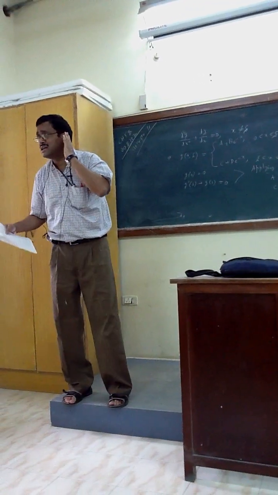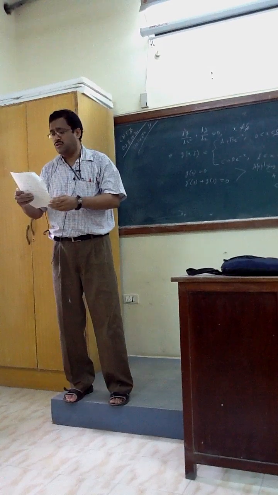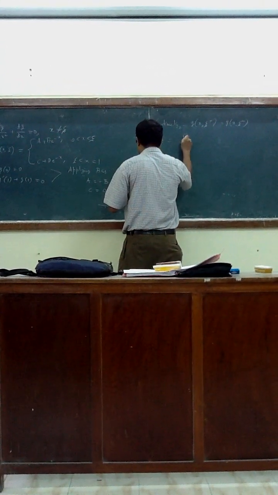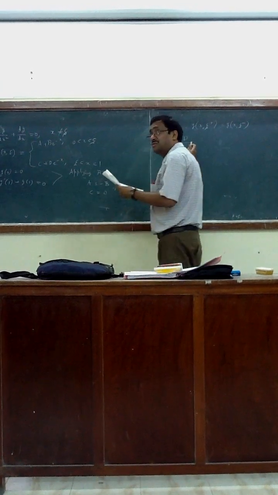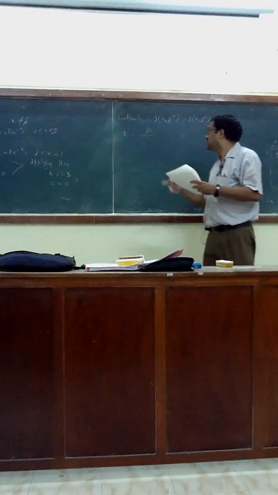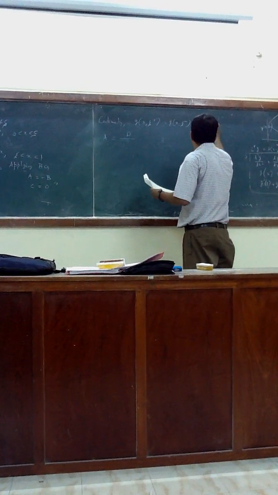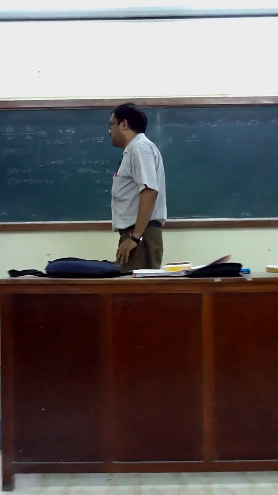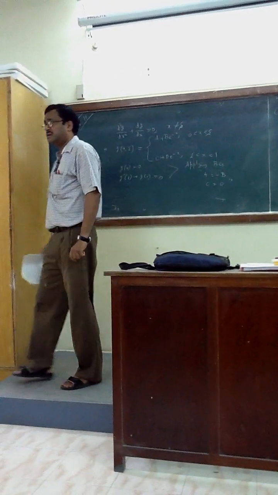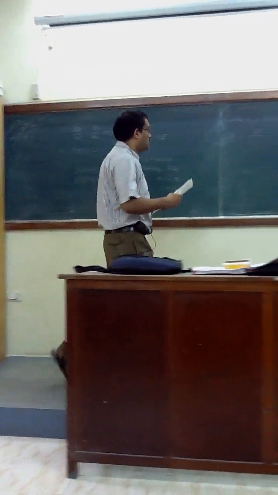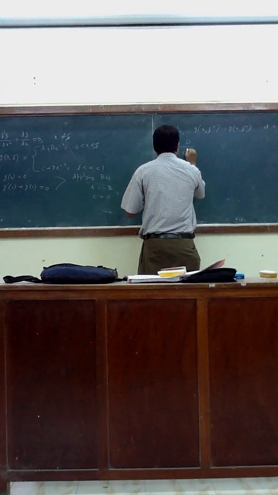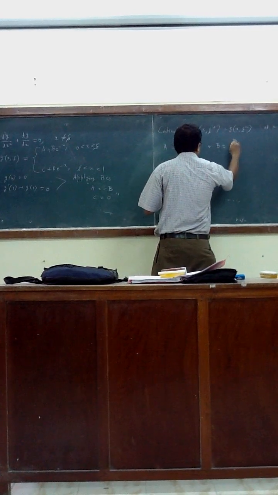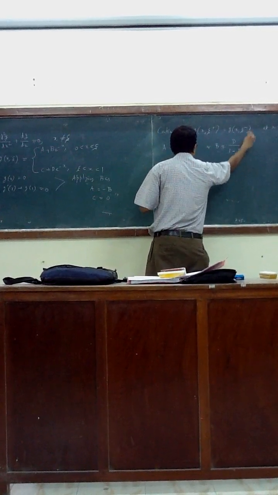A equals to B by, you are applying at x equals z. Remember that. You are applying this condition at x equals z. So A equals B by e to the power z minus 1, or A equals B by 1 minus e to the power z.